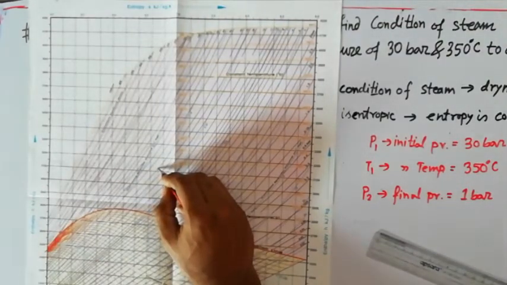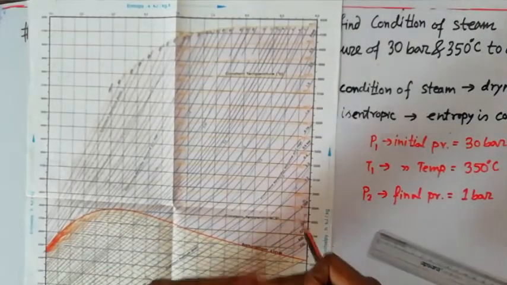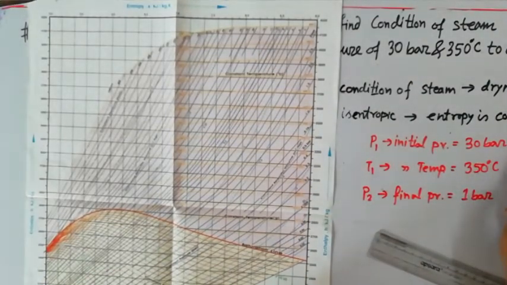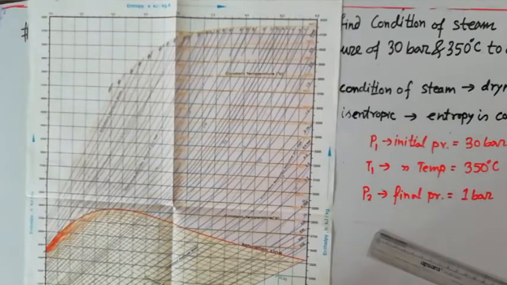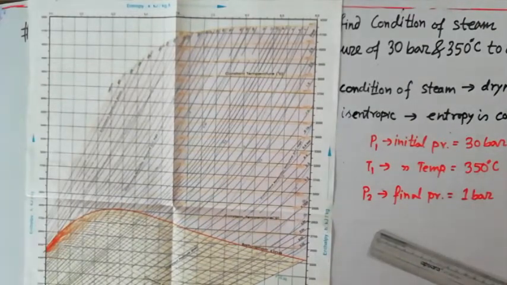You have to find where P1 and T1 intersect each other, because they are the initial state condition of the steam. So first try to find that intersecting point using these two data.